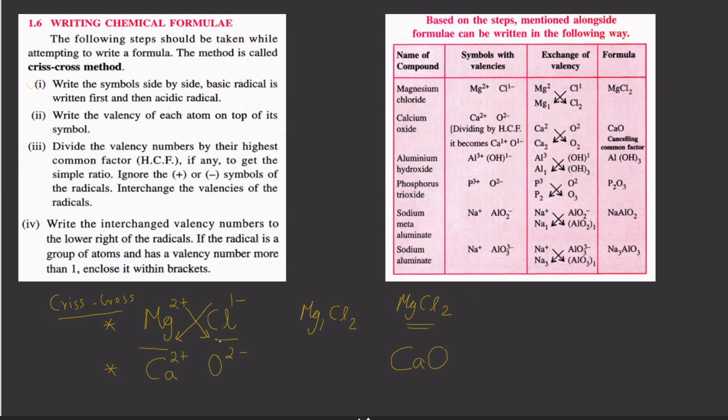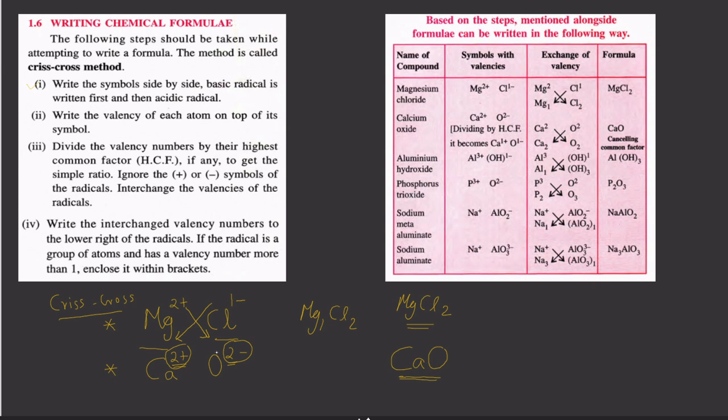Here also 2 divided by 2 is 1, or we just cancel it out. It is easy to remember: if there is plus and minus of the same number, we just cancel it out and write the formula as CaO. We don't write the valency Ca2O2. We just cancel it out and write CaO only, calcium oxide.